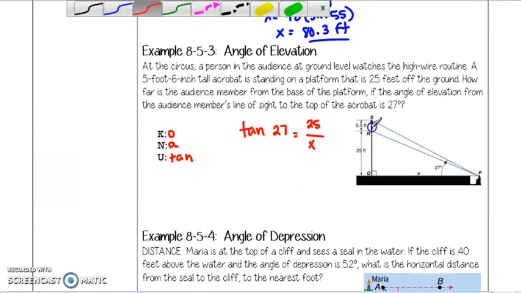We actually have a little bit more than just the 25. We have 5.5 that we need to add to that height, because our whole angle goes up to this point. So really, we're up 30.5. So x equals 30.5 over tangent 27. So the audience member is about 60 feet away.